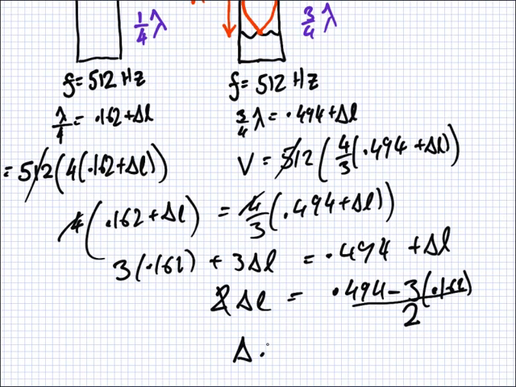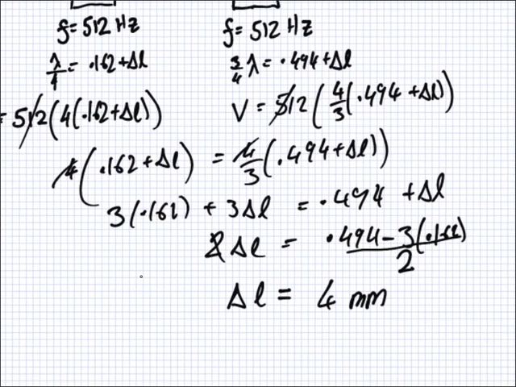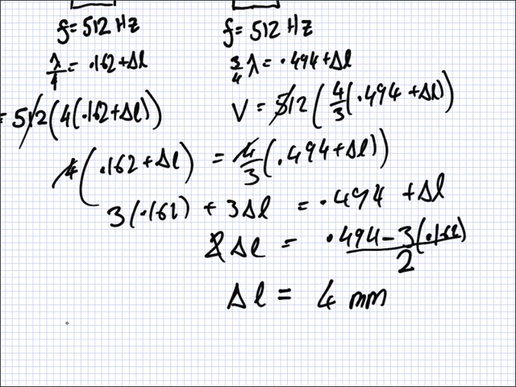So what's the delta L here? Hopefully a small enough number. Good, so that's 4 millimeters. Just as a little side note, the delta L is roughly equal to the radius of the pipe.